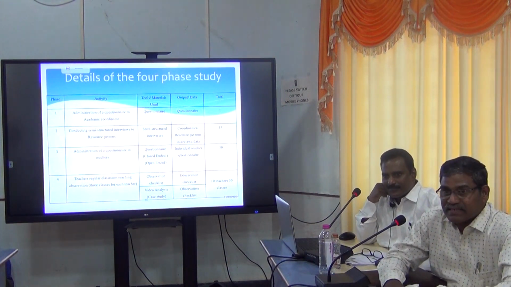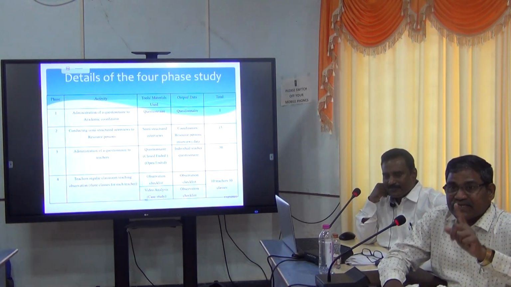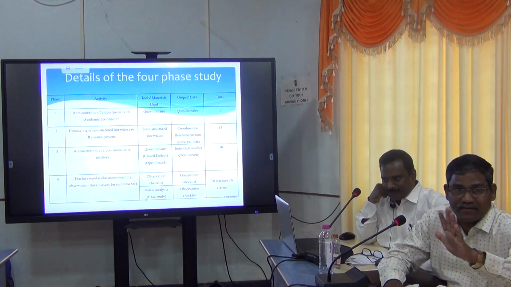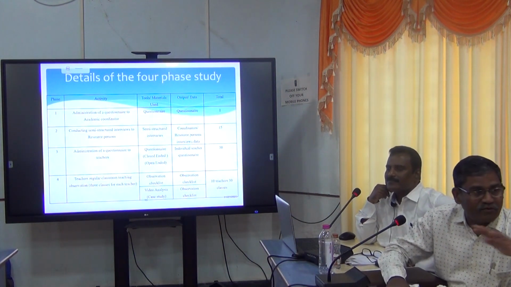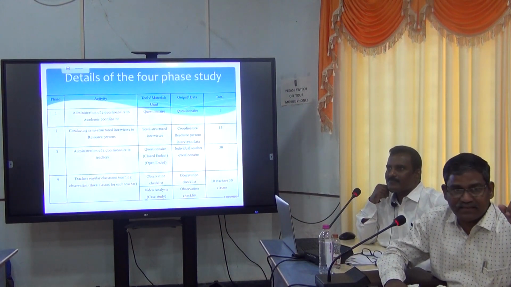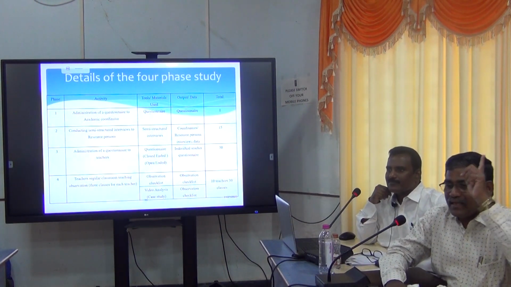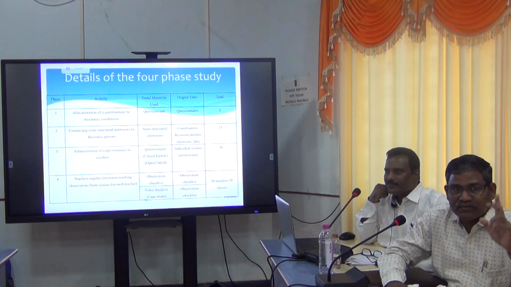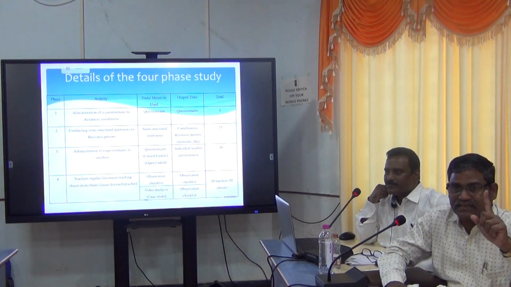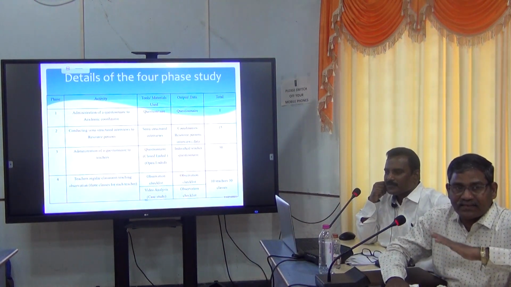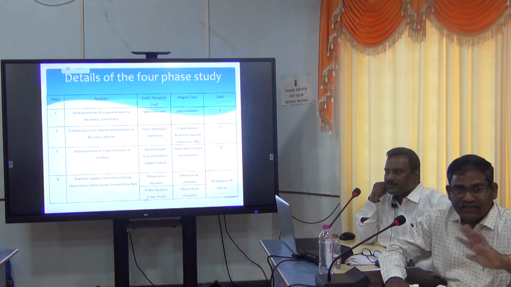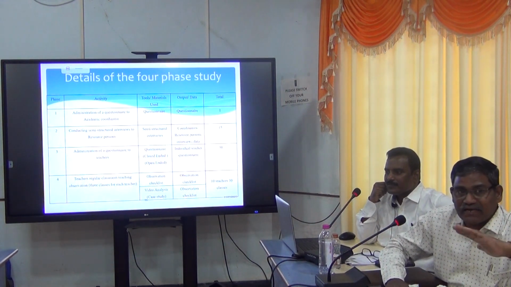A primary health center in a hill area covers 3,200. This is the Government of India rule. Every 6,000 population, one primary health center. In hill areas, 3,200 population, one primary health center. So, we have in Karnataka 34 districts.